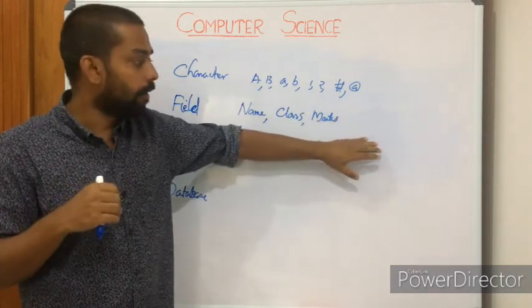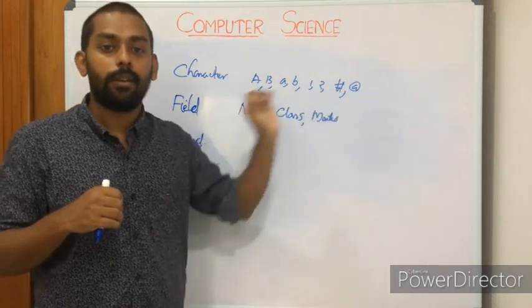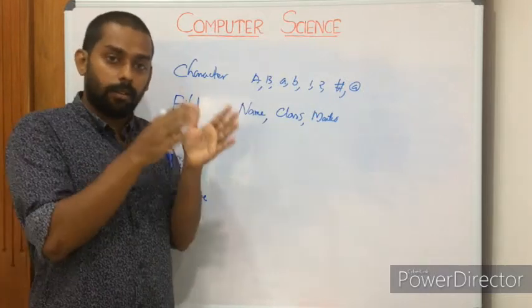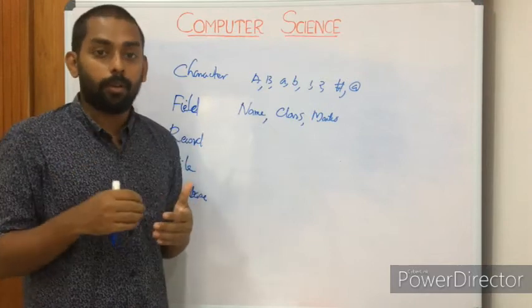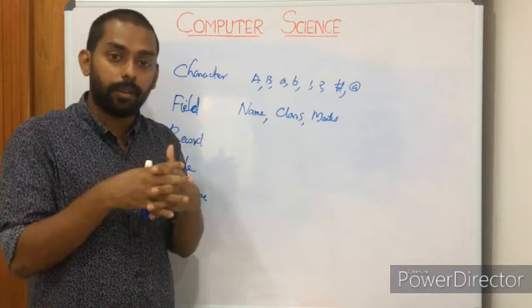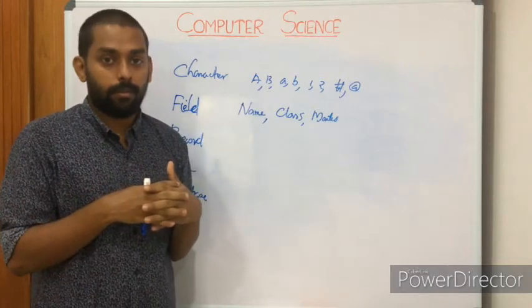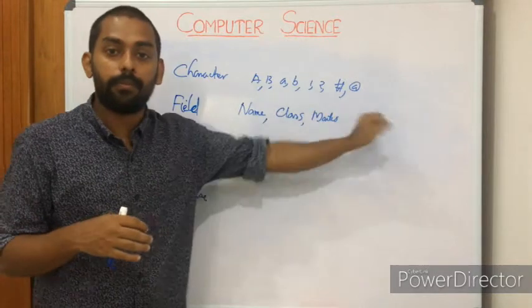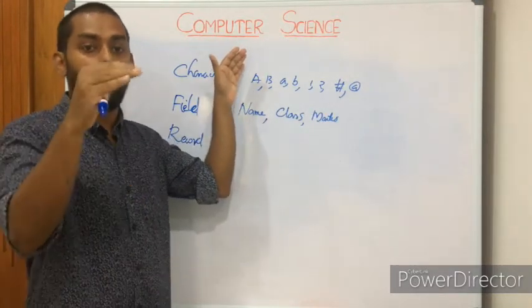Then we can solve all these issues of the file system using a database management system. A file system can be either purely manual or computer based. Even though it is computer based, we are using different application software, and these may not be compatible with each other. We can solve all these problems with the help of a database management system. A database is a place where we store and manipulate data.